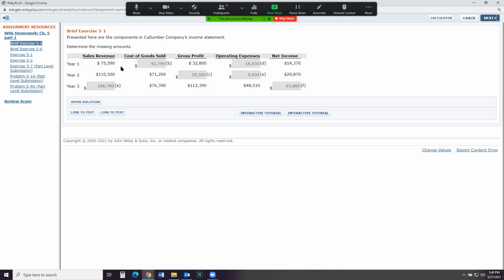So then I should be able to do this algebraically and say, okay, in this first year, if I know my revenue and I know my gross profit, I should be able to figure out my cost of goods sold. So if revenue minus cost of goods sold is gross profit, then revenue minus gross profit is going to be cost of goods sold. So I can do that.